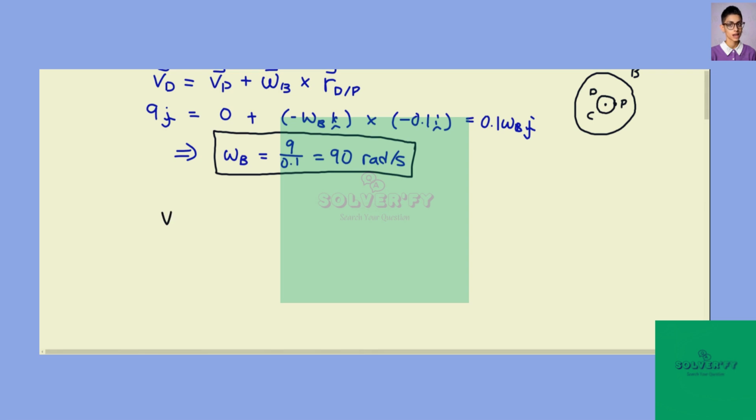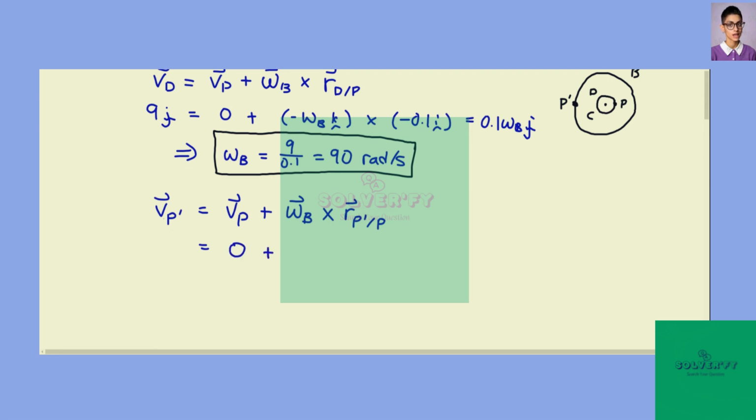Vp prime is equal to Vp plus omega B cross Rp prime relative to P. P prime is actually here, and Vp prime is something we want to find.